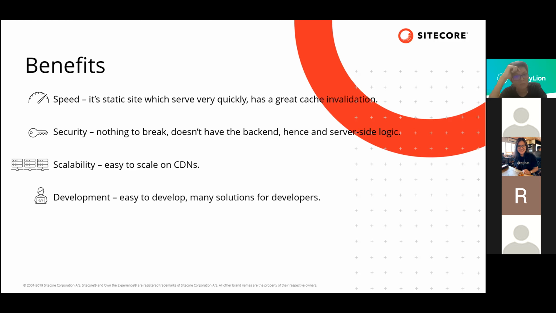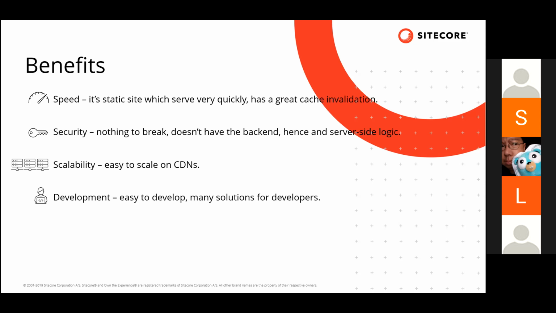And development, it's easy to develop because we already have many solutions for developers, and there are different frameworks which are ready to use. So remember these important benefits like 3S: speed, security, and scalability, and development. And then I will explain what it actually means on a flowchart example.